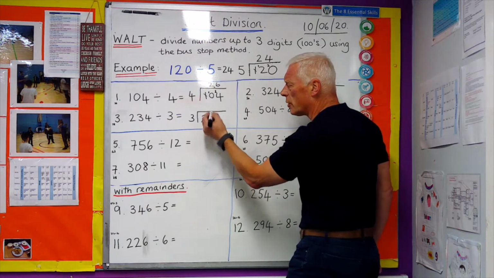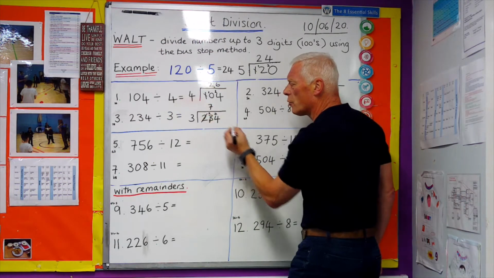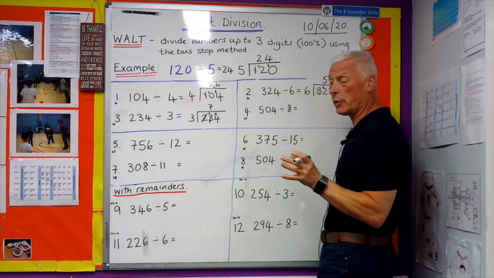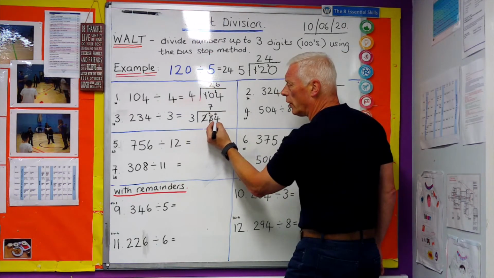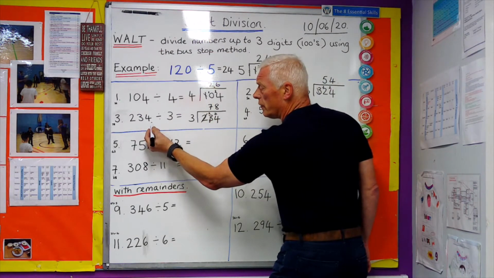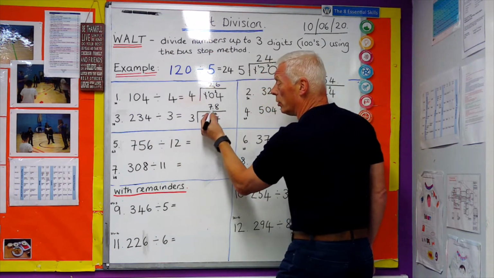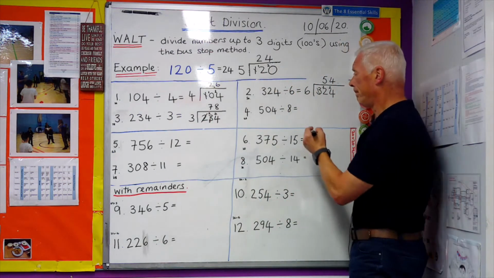I think that's the nearest that I can get. So it's 7. That leaves 2 remainder because 23 is 2 more than 21. 3s into 24, that will go 8 times. So the answer is 234 divided by 3 equals 78.